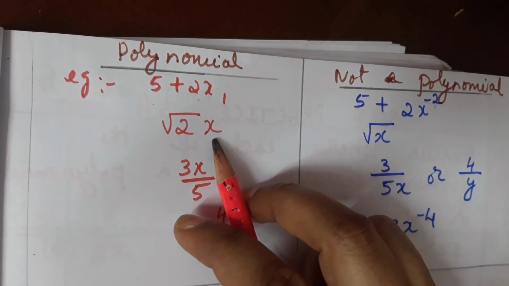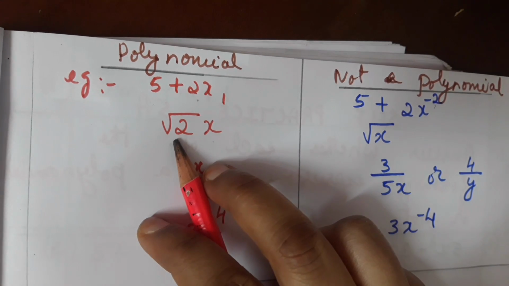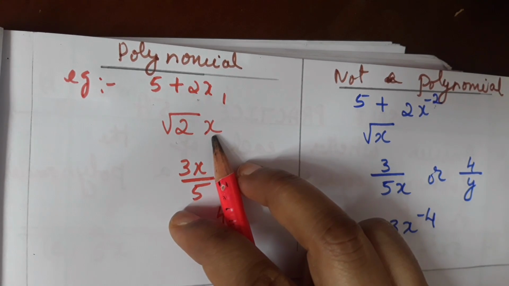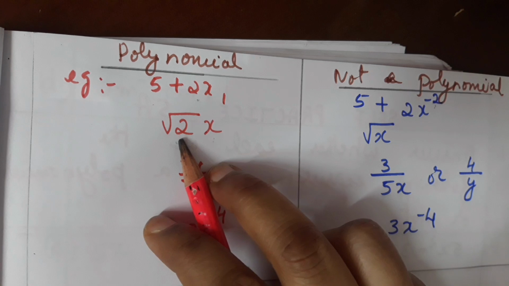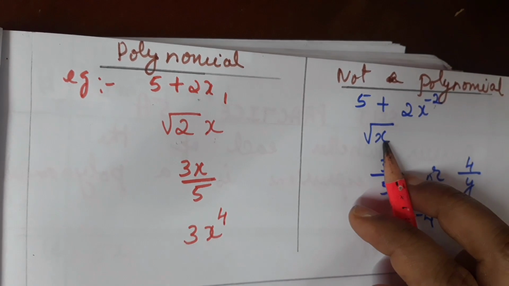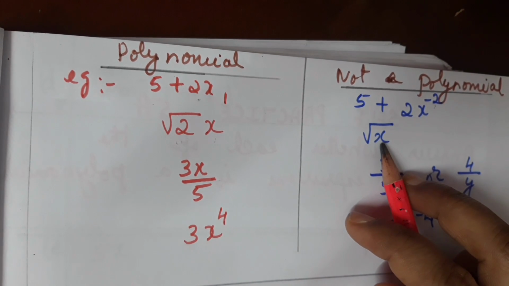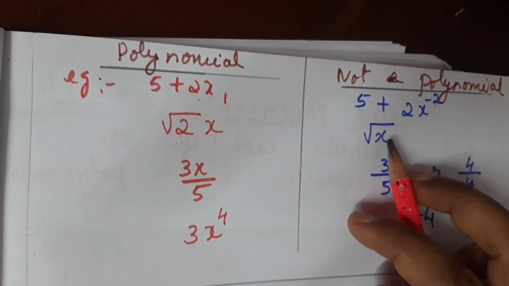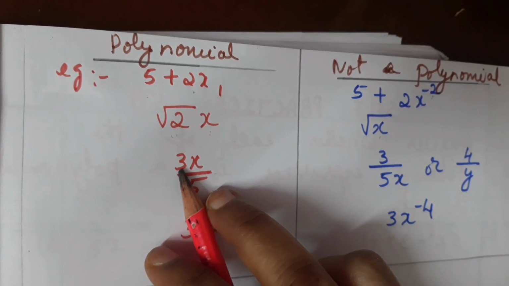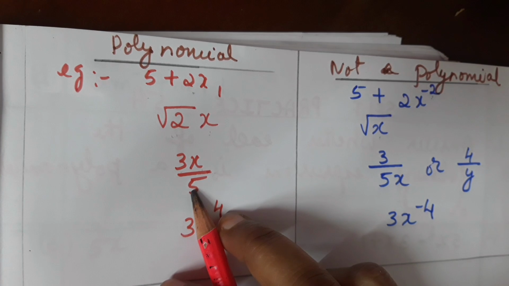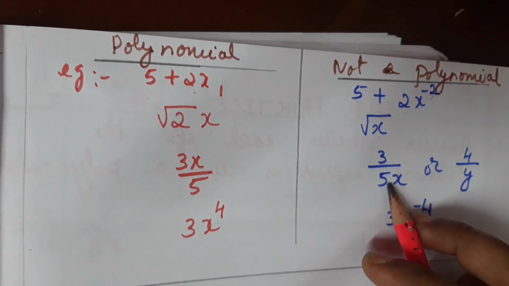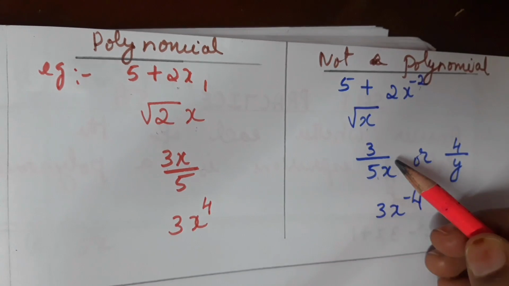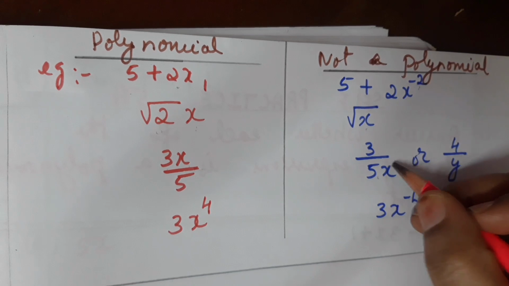Square root 2x: inside the square root we can write a number, x outside the square root. This is a polynomial. But inside the square root we should not write a variable. This is not a polynomial. 3x by 5 is a polynomial, whereas 3 by 5x is not, because the power becomes minus 1.